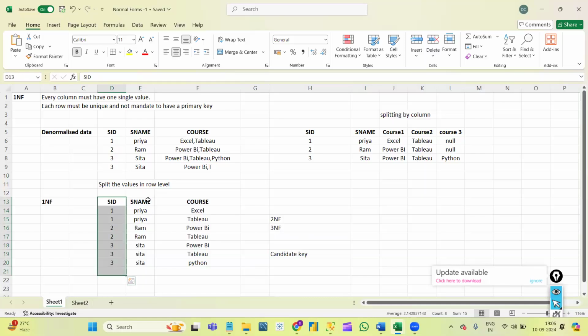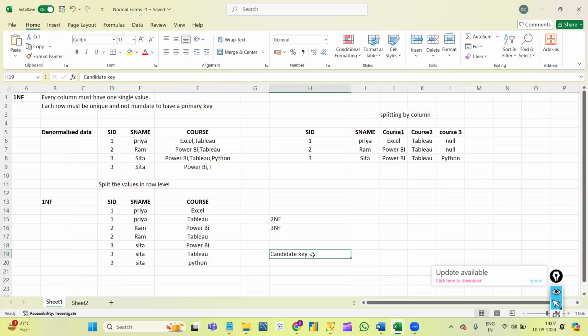This S name also cannot be the primary key, and we don't usually prefer using names to create a primary key because we can have the same names for two persons. So in such tables we will use a candidate key.